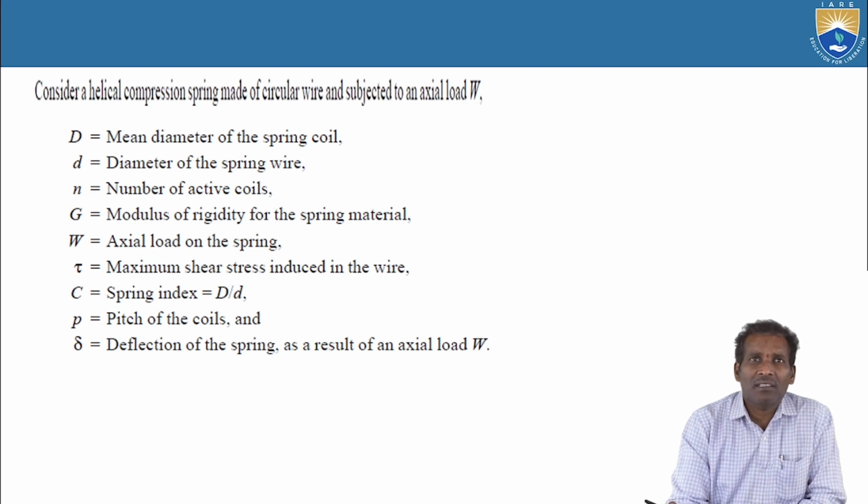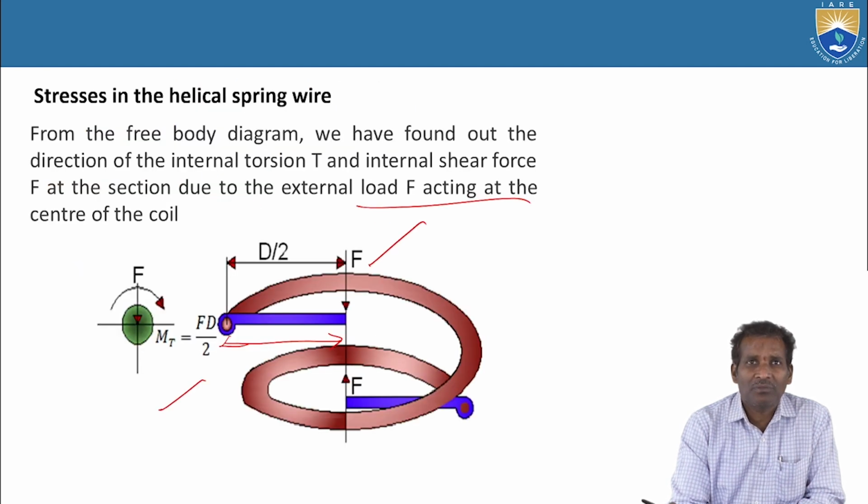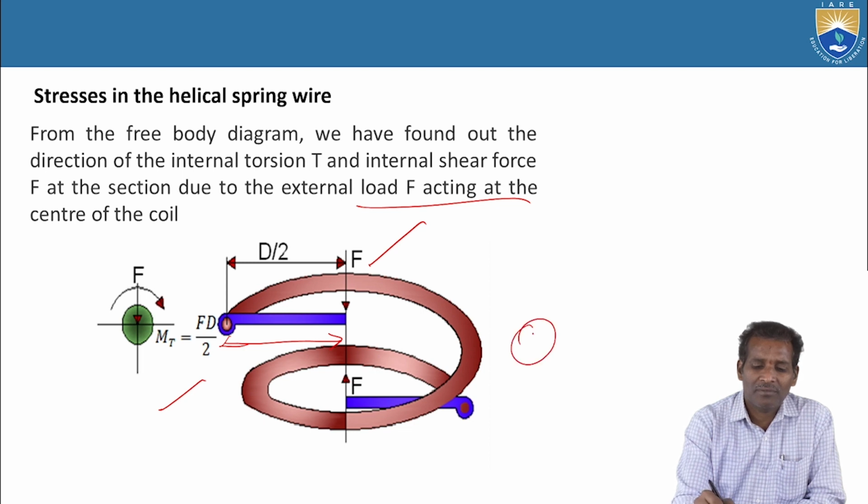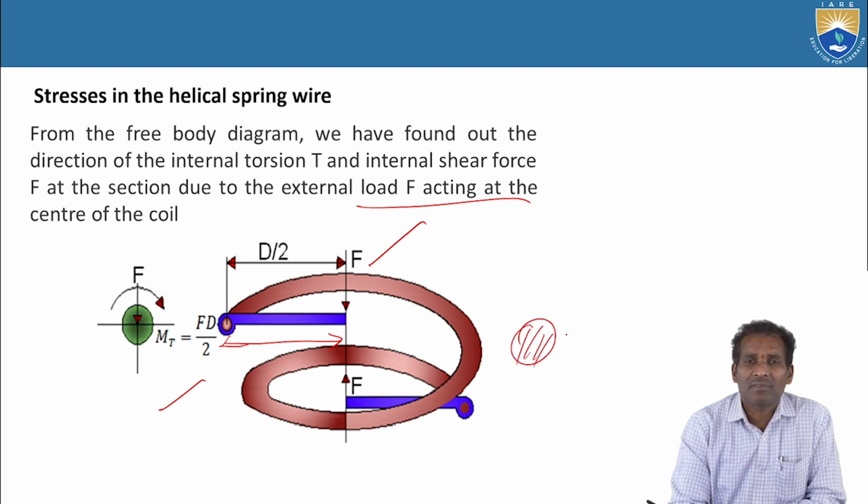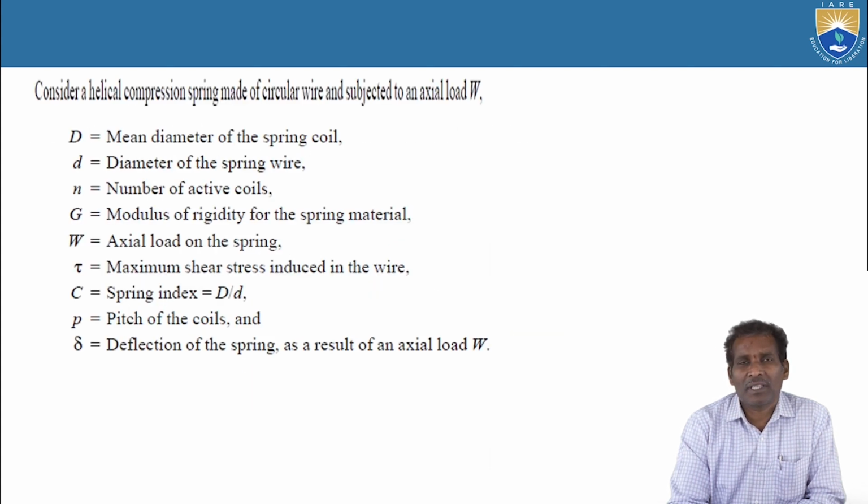So consider here the compression spring made of circular wire and subjected to axial load W. Here the cross section is circular. It may be square or rectangular also, but consider a circular wire.